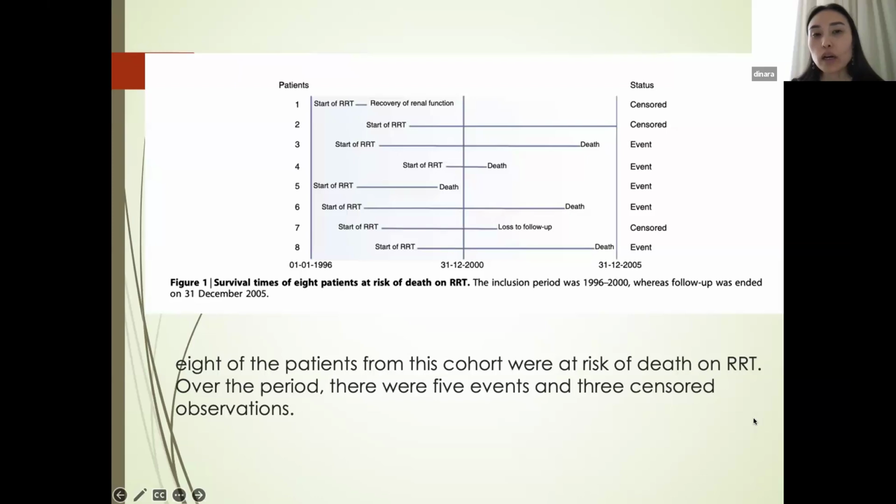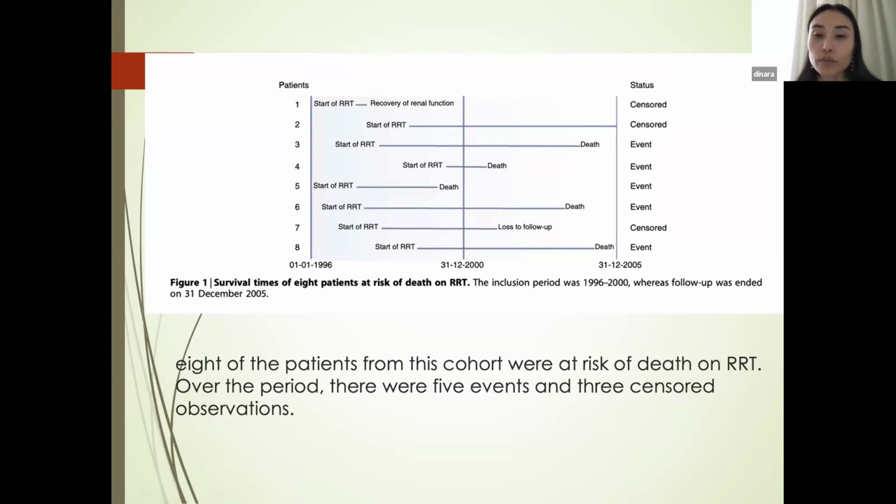So if we visualize it, this is an example. Let's say that out of these 8 patients who were observed, who started RRT, the event of interest, so the death on renal replacement therapy, happened among 1, 2, 3, 4, 5 patients. 3 patients were censored. So this is visualizing how it happens.